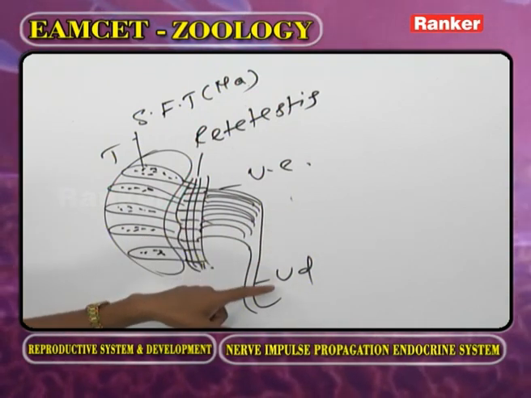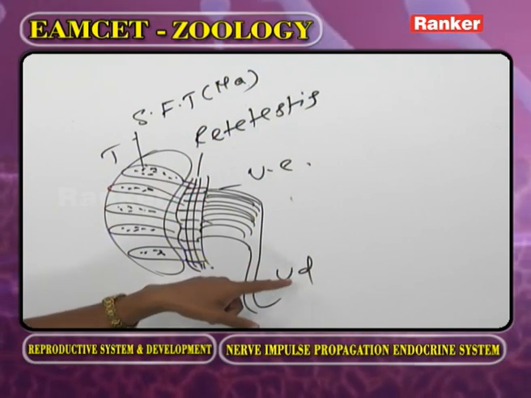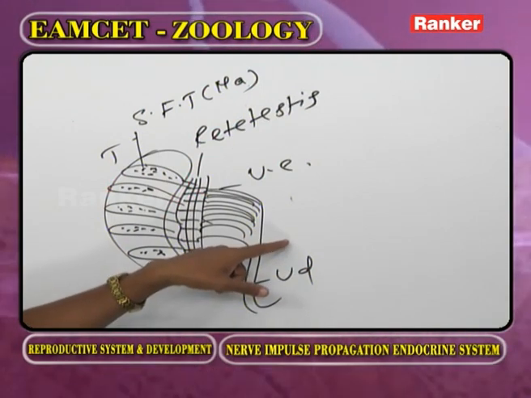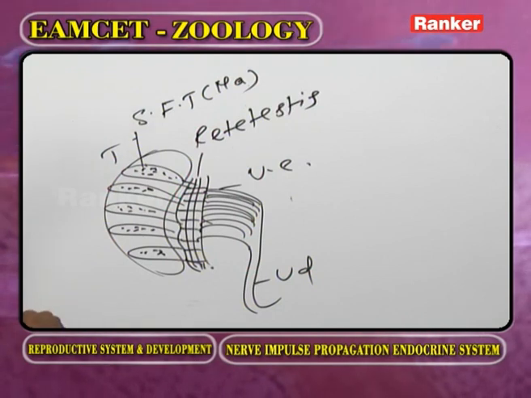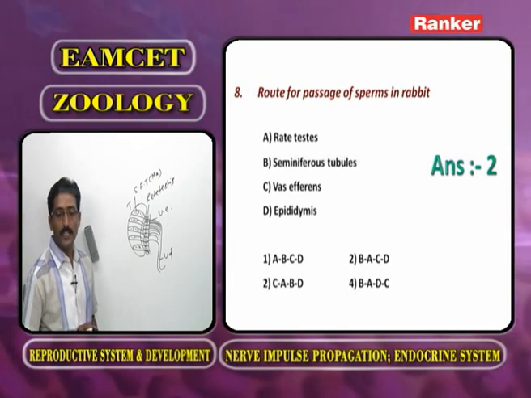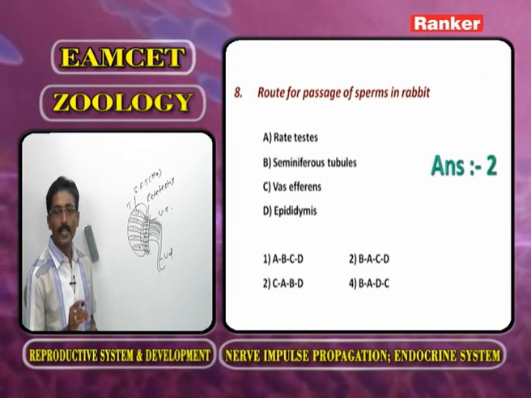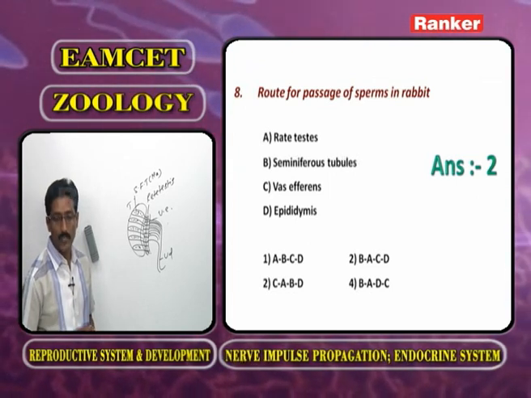From the cauda epididymis, what will come out? The vas deferens. So the route is seminiferous tubules, rete testis, vasa efferentia and epididymis. Now we go for the next question.